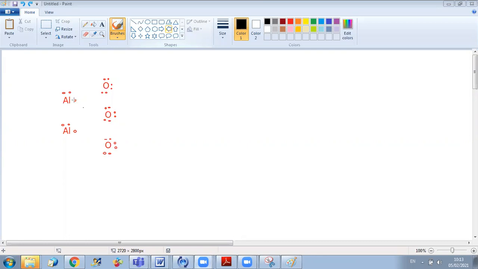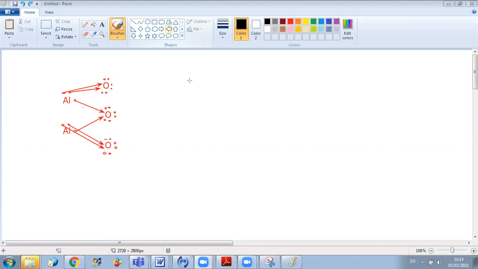These 2 electrons will be given to the first oxygen atom. The first Al still has 1 electron. It will give it to the second oxygen atom. Now the second Al will give 1 to the second oxygen atom to reach a full set of 8, and the 2 remaining will be given to the third atom. So this is how the electron transfer will take place.